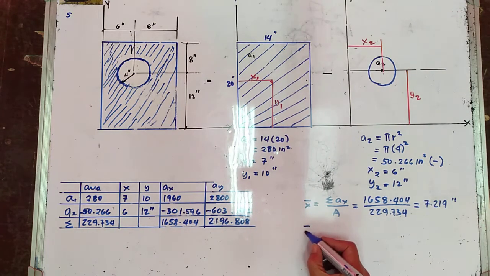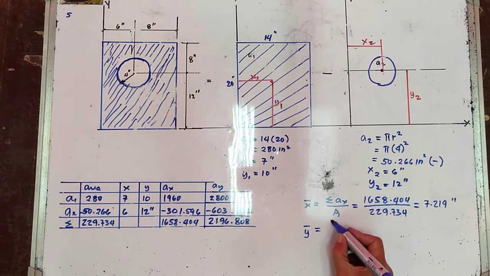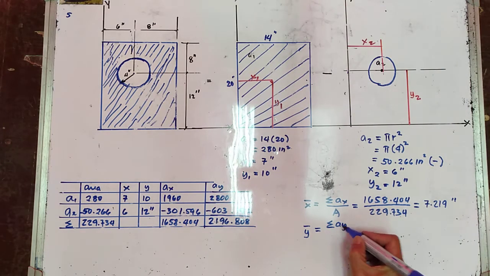And your bar y is equal to summation AY all over the total area.